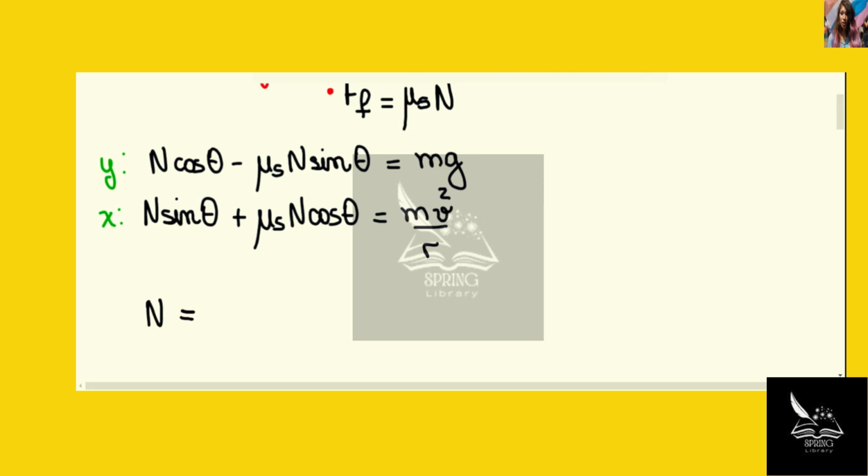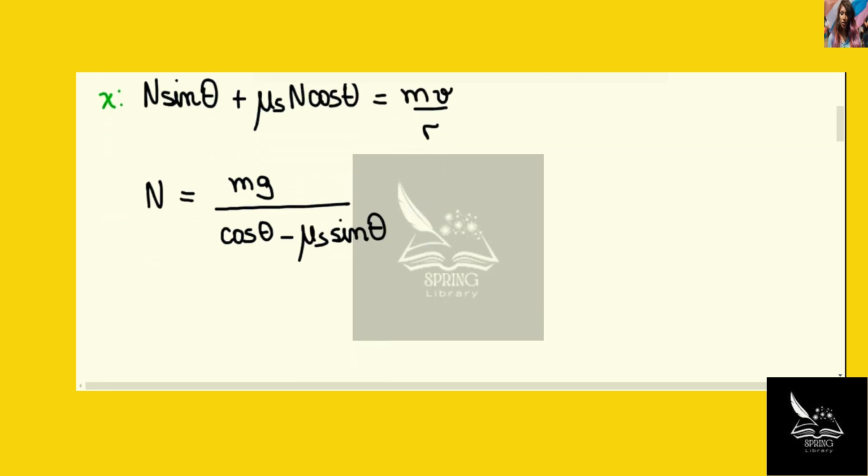So we have that n is equal to mg divided by cosine of theta minus mu s sine of theta. And now I'm going to take this and substitute it into the equation for the x-coordinate.